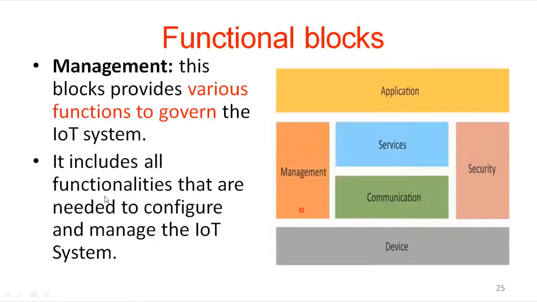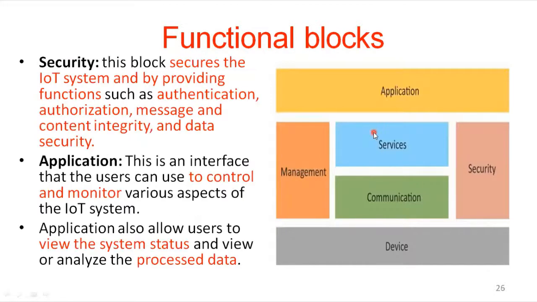And then management, various functions to govern the IoT system. That means this block provides various functions to manage the IoT system. It will include all functionalities that are needed to configure and manage the IoT system. And then security.